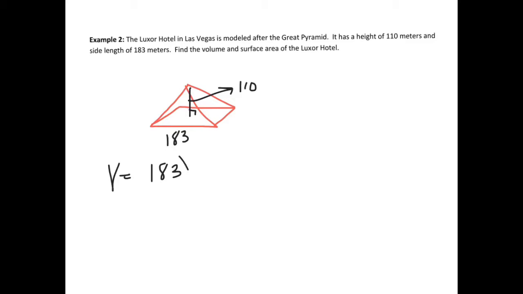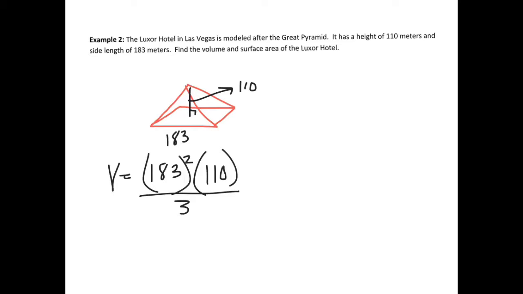All right, let's do another example. The Luxor Hotel in Vegas is modeled after the Great Pyramid. It has a height of 110 meters, and it has a side length of 183. So the volume equals the area of the base, 183 squared, times the height, all over 3.